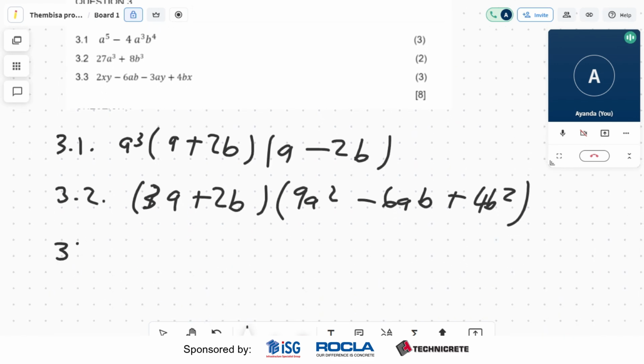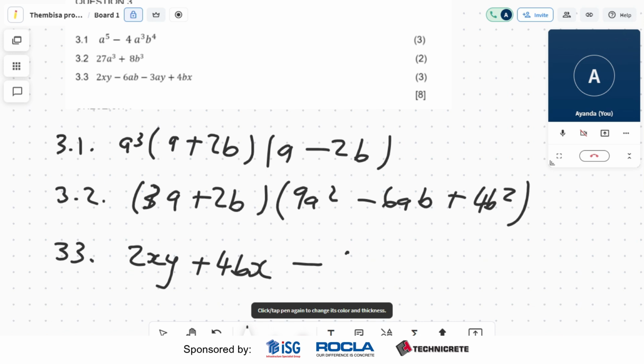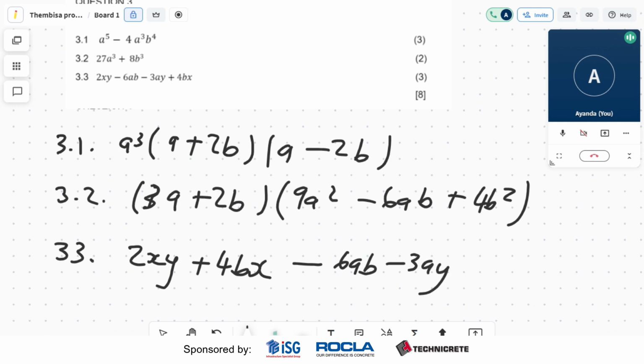And for 3.3, we have 2xy minus 6ab minus 3ay plus 4bx. So first we're going to start off by grouping these terms together. Let's have 2xy and 4bx in a group, minus 6ab and minus 3ay.